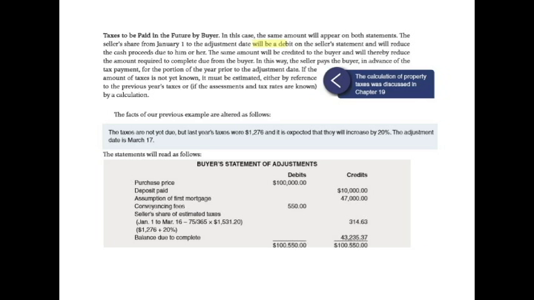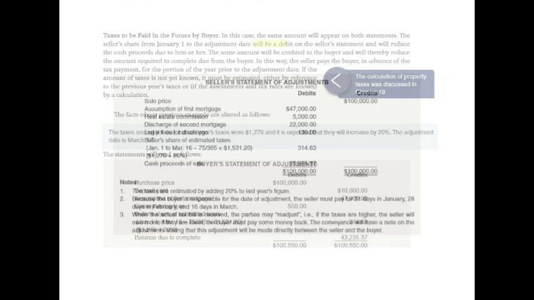So, and gets reimbursed for January 1st to March 16th when he didn't live in the house, but the previous owner did. And the previous owner basically has to pay those taxes from January 1st to the March 16th.